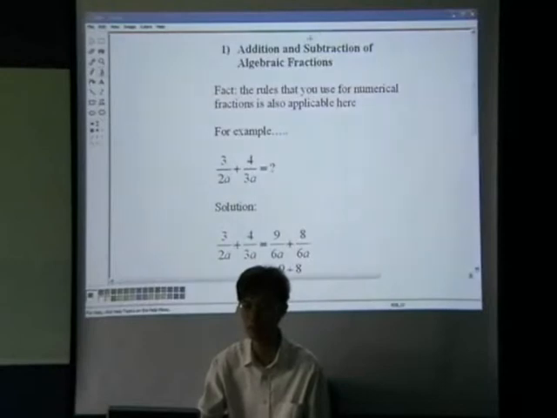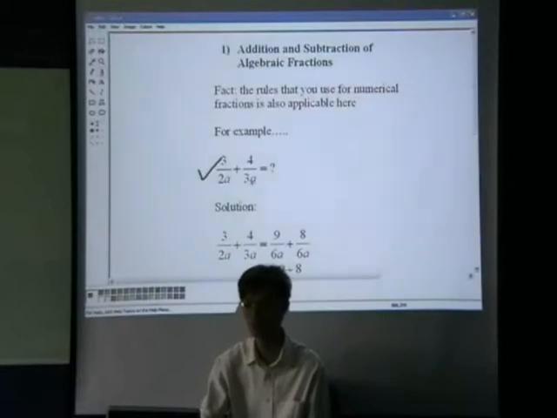For the first portion, we are looking at addition and subtraction of algebraic fractions. In fact, the rules that we use for numerical fractions are also applicable in algebraic fractions. For example, this question over here, 3 over 2a plus 4 over 3a. The first thing that we need to do is to change it into a common denominator.